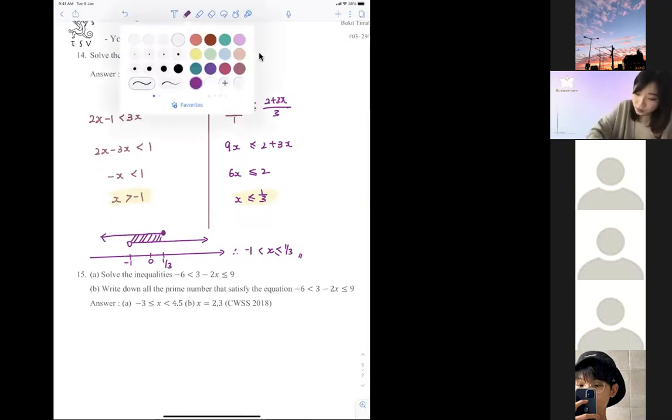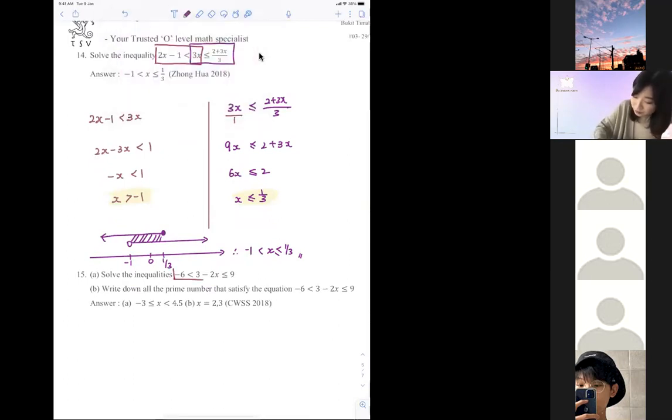Okay, can you try now? Draw two brackets and then do the same thing. Solve them individually, put into a number line, then present.